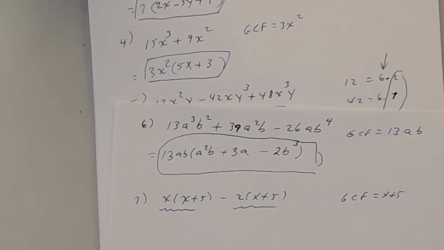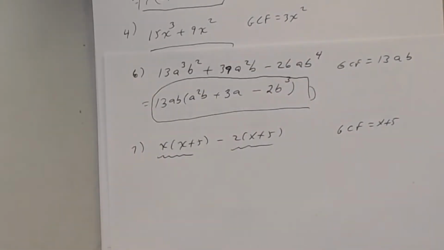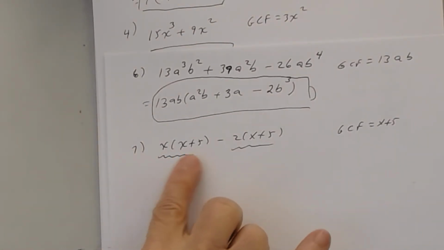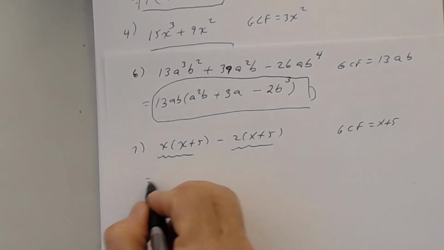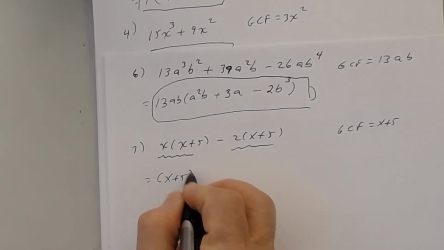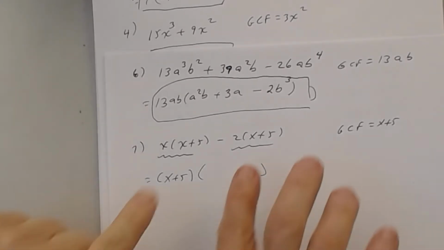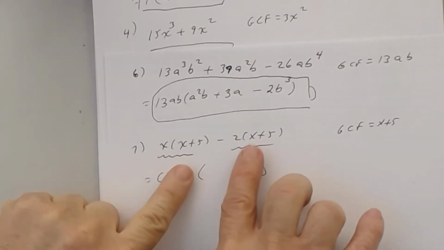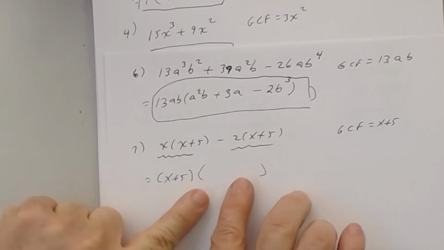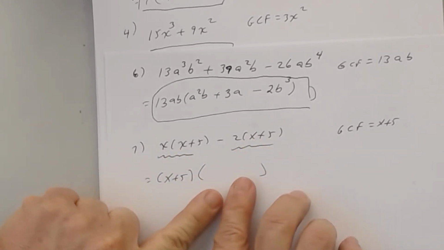Now when you rewrite it, remember it's always the GCF out in front. So my GCF is x plus 5. That's got to be put in parentheses, because notice you had parentheses. So you can say x plus 5 in parentheses times, that's your GCF, times, all right, now when I look at this, how many terms did I underline? 2. So I better have how many terms inside the parentheses? 2.